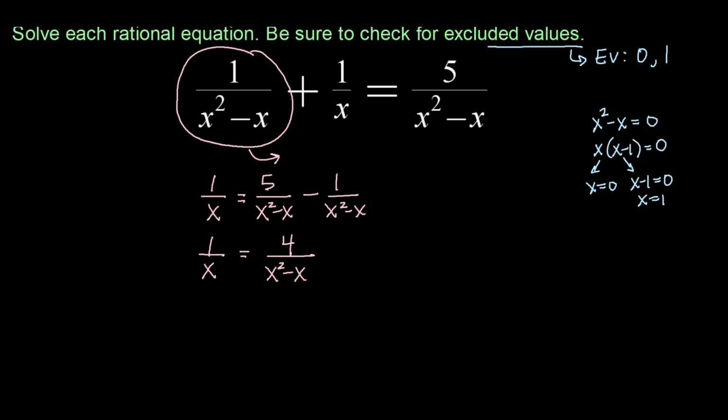Now that I have it here, I'm going to start looking for my least common denominator. I know my least common denominator typically comes from multiplying my two denominators. However, in this case, x squared minus x can be factored, so let's rewrite that as factored: 1 over x equals 4 over x times x minus 1.